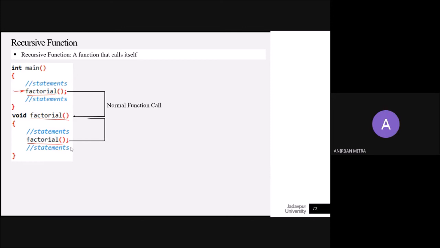So from here, it will again go back to here. This is a recursive function call. The previous one was a normal function call. This is a recursive function call. Such programs can be written in C, and they are sometimes a sort of elegant programs. But can you identify a problem here?